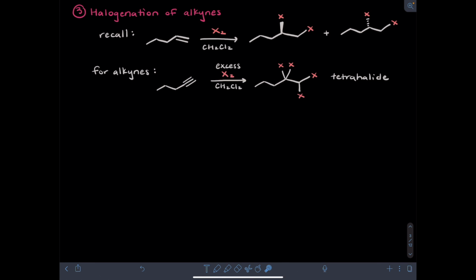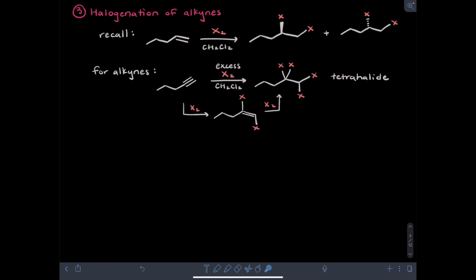In the case of an alkyne, treatment with the same conditions but with excess halogen leads to formation of what's known as a tetrahalide, where four new halogens have added to the molecule. These two carbons of the alkyne are the two carbons that got the halogens added to them. Notice each carbon of the alkyne had two new halogens added to it.